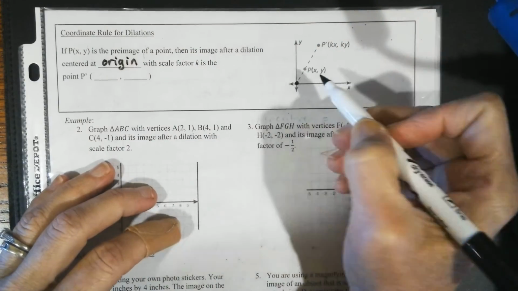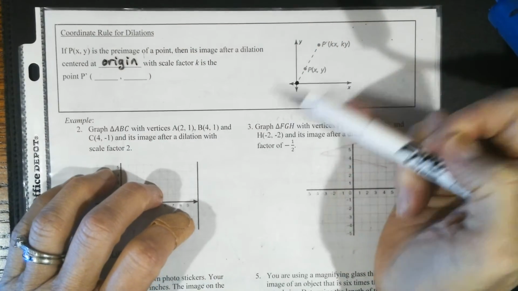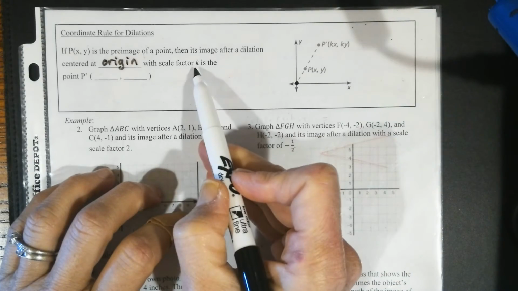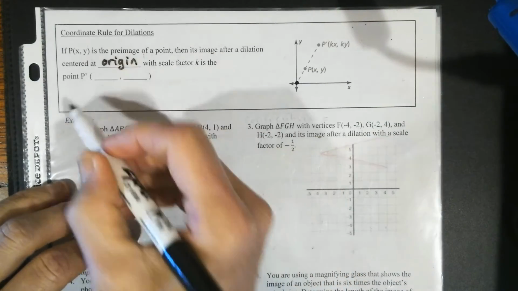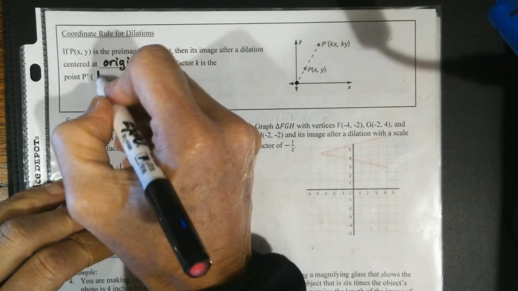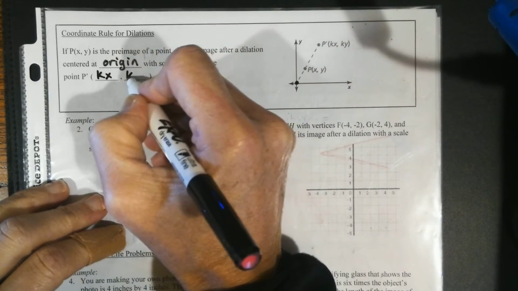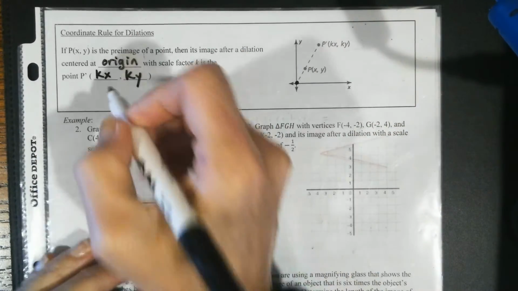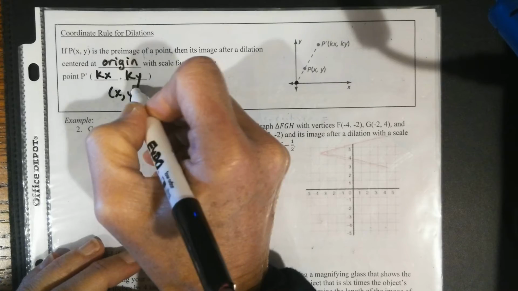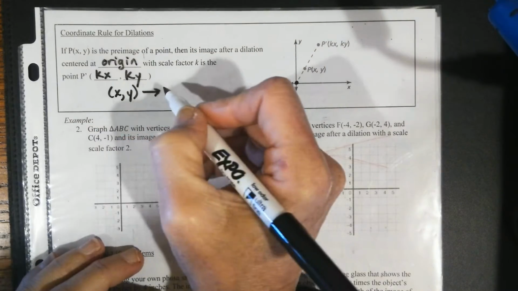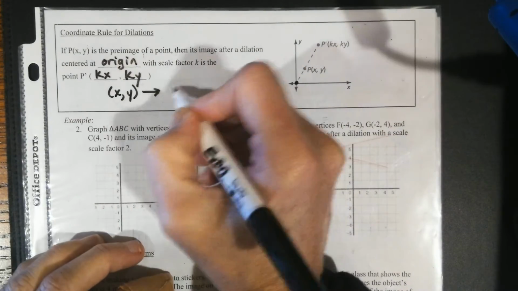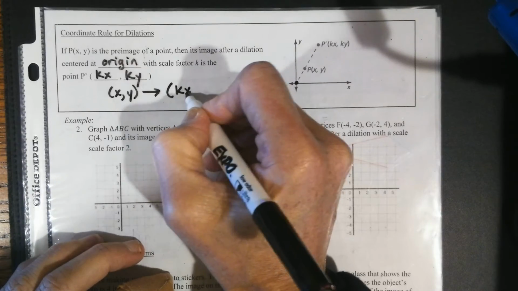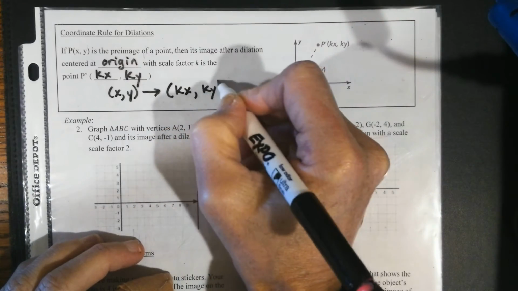So it makes it really easy on a graph to just extend it, because if the scale factor is k, then the point P is simply kx, ky. You multiply them. Okay? So every point in the original pre-image is mapped onto the image, which is kx, ky.